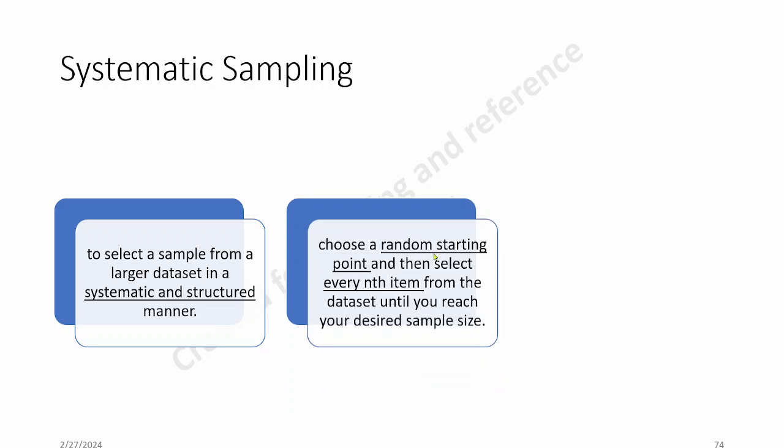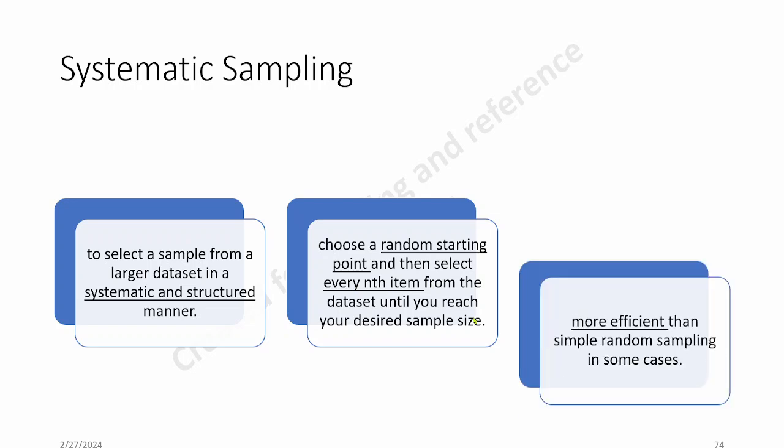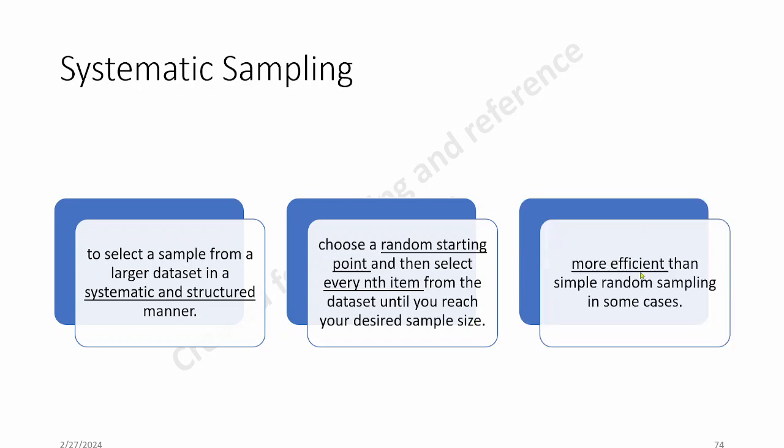For example, you start with a random starting point, and after that, every nth data point you include in your sample. So this is more efficient than simple random sampling that we saw in the beginning.